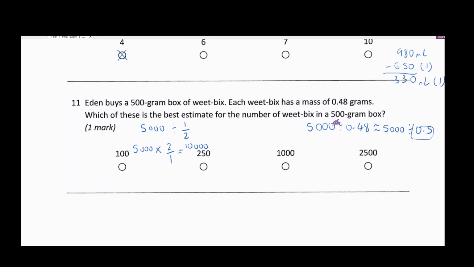Whoops, my mistake, we don't need another 0 there. It's just 500. So 500 times 2 is 1,000. And that's your answer, 1,000. So my mistake, there should be no extra 0 there. It just gives you 1,000 Weet-Bix.